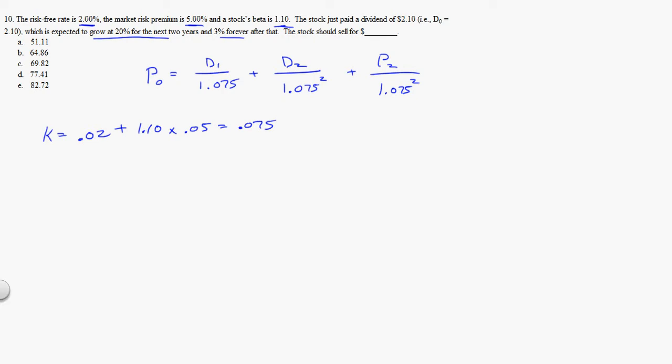D1 is equal to D0, which is $2.10, times 1 plus the growth rate of 20%, because it grows fast for 2 years. That's 2.52. D2 is equal to D1, which is 2.52, times 1.2, which is equal to 3.024.